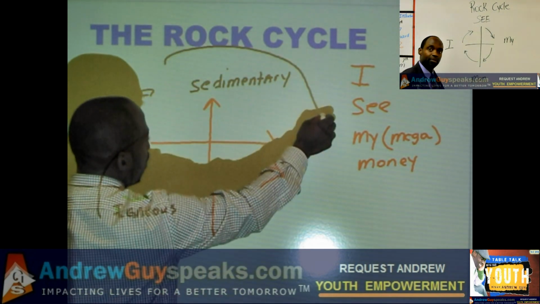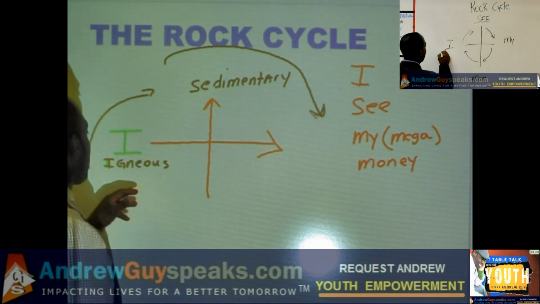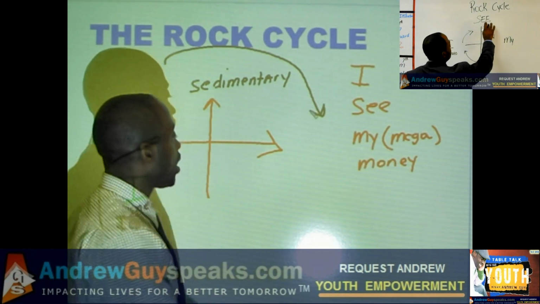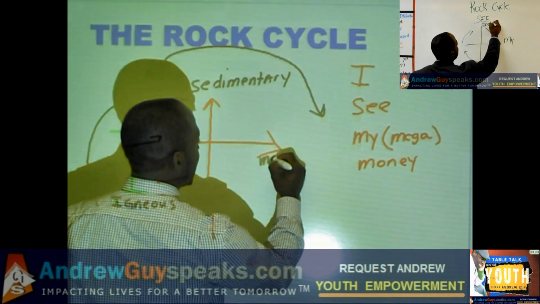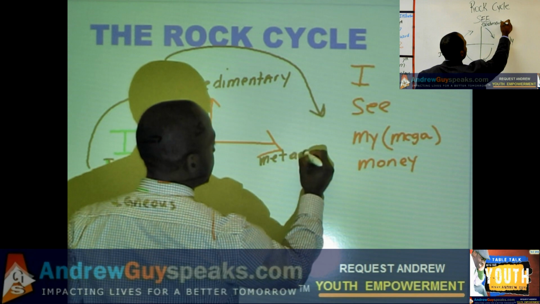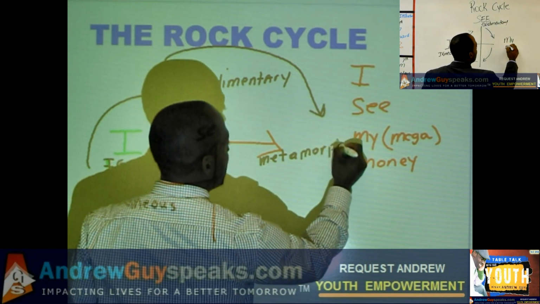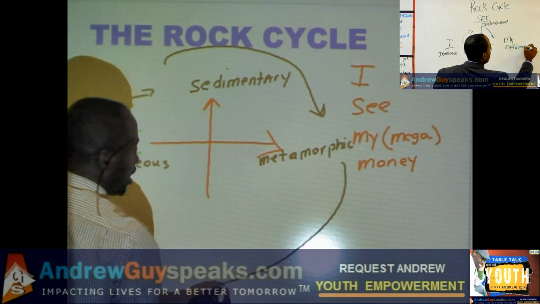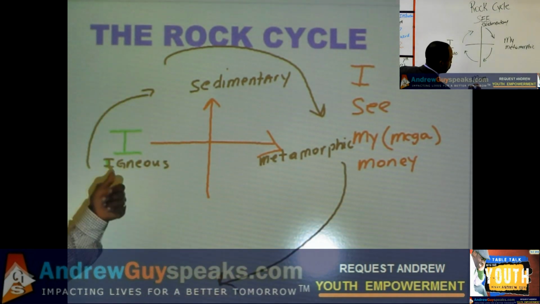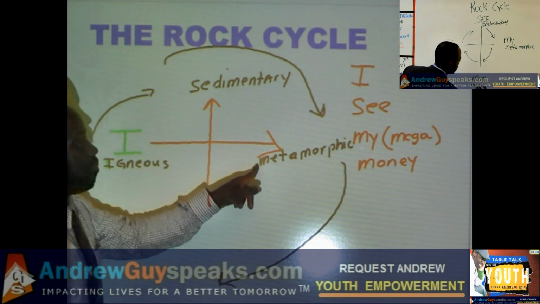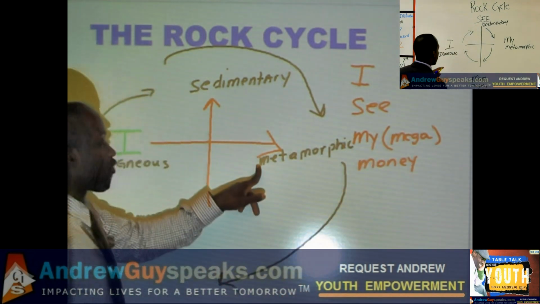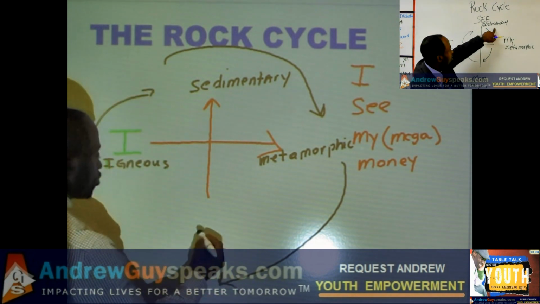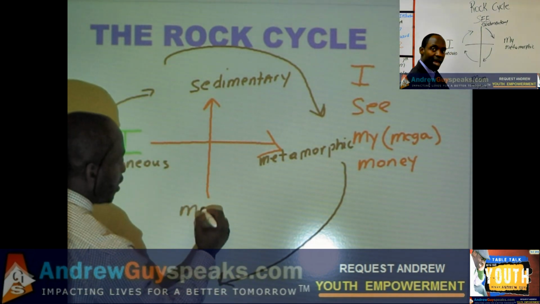So we're going to move along this side, from igneous to sedimentary, and then my, or mega, we're going to put metamorphic. So metamorphic rock, okay? Now I'm still going in this same direction. So now I have igneous, sedimentary, mega for metamorphic rock, and then down here I'm going to have what? Magma. That's right. So I'm going to put magma right here.